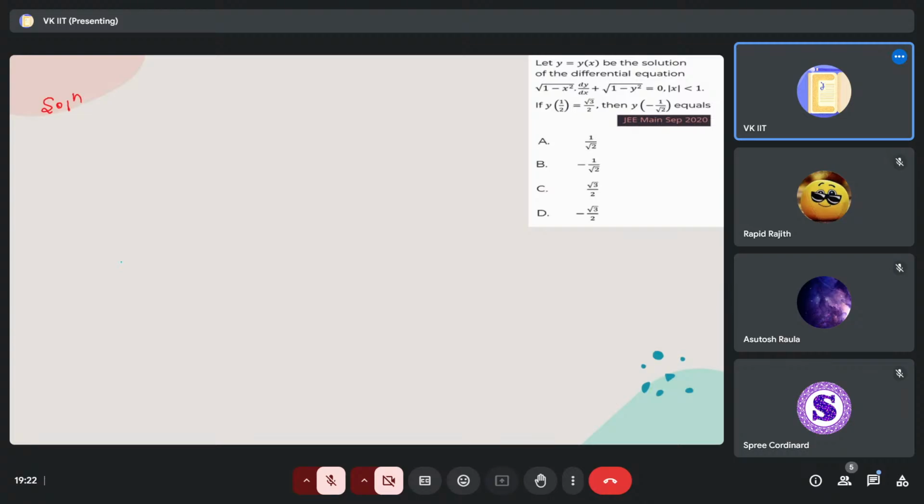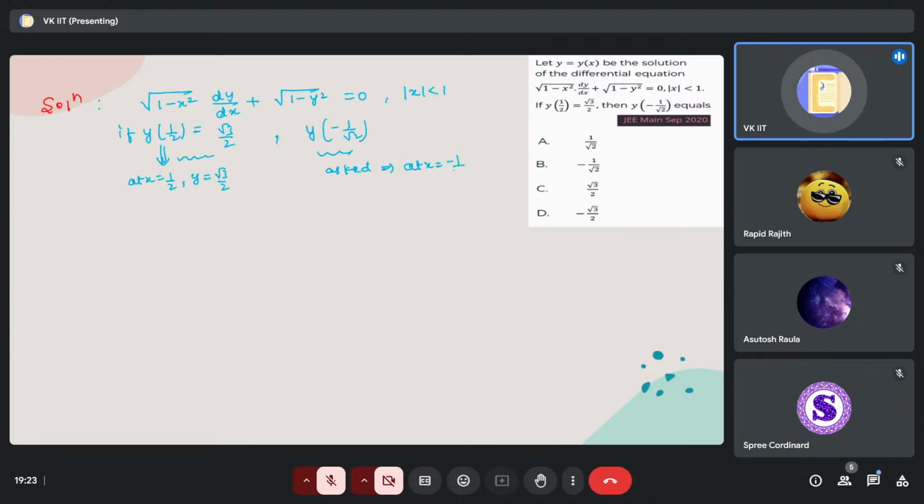In this case, they have gone one step ahead. After getting the c value, that is, the complete equation of the curve, you have to find the y value at x is equal to minus 1 by root 2.